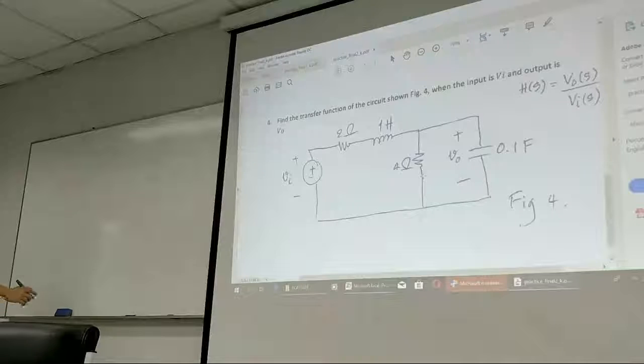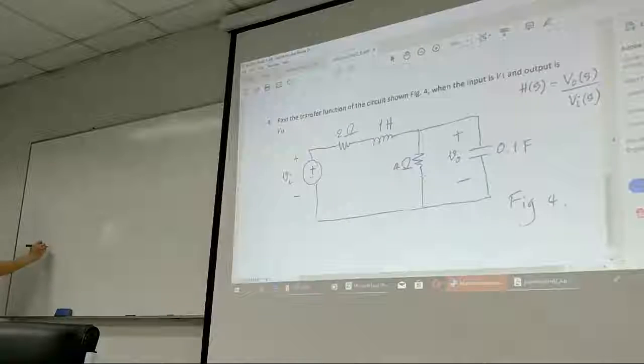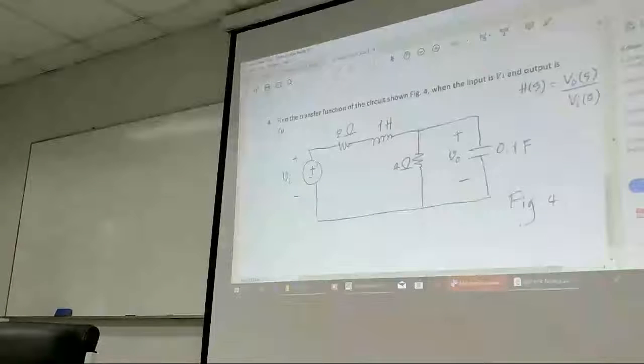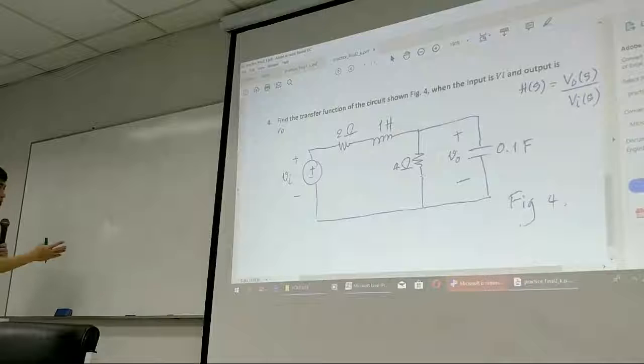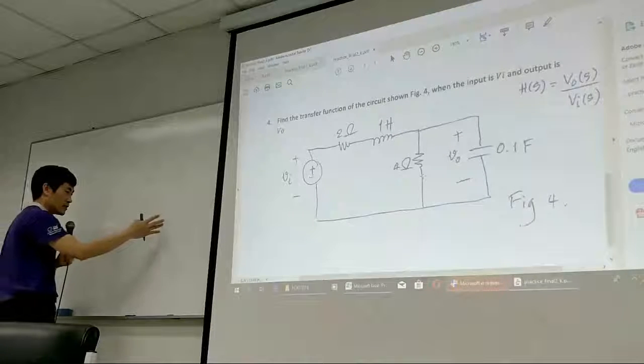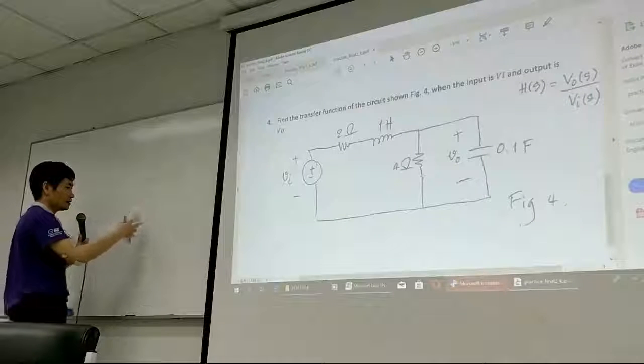Okay. So our goal is to get V0(s) over VI(s), output over input. So how do we do that? I'm going to move V0 to one side, group them, and then take the V0 out.